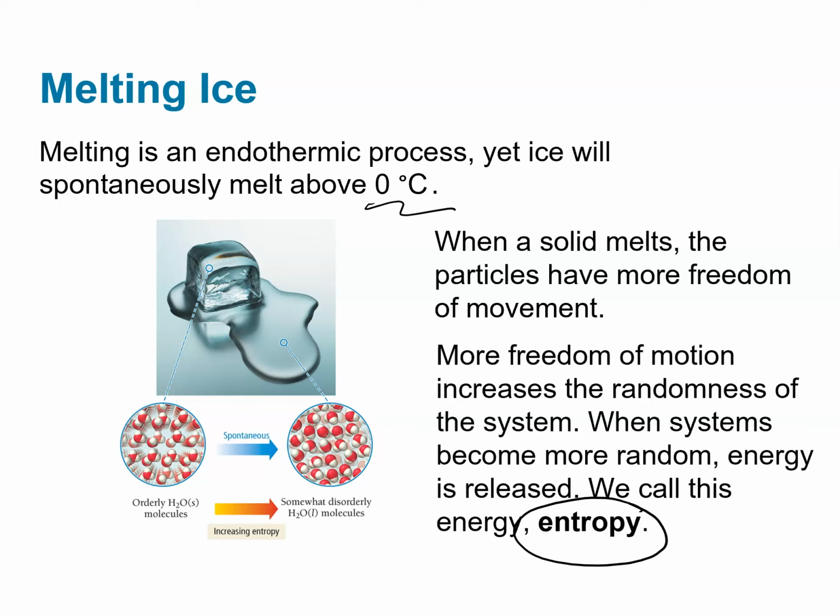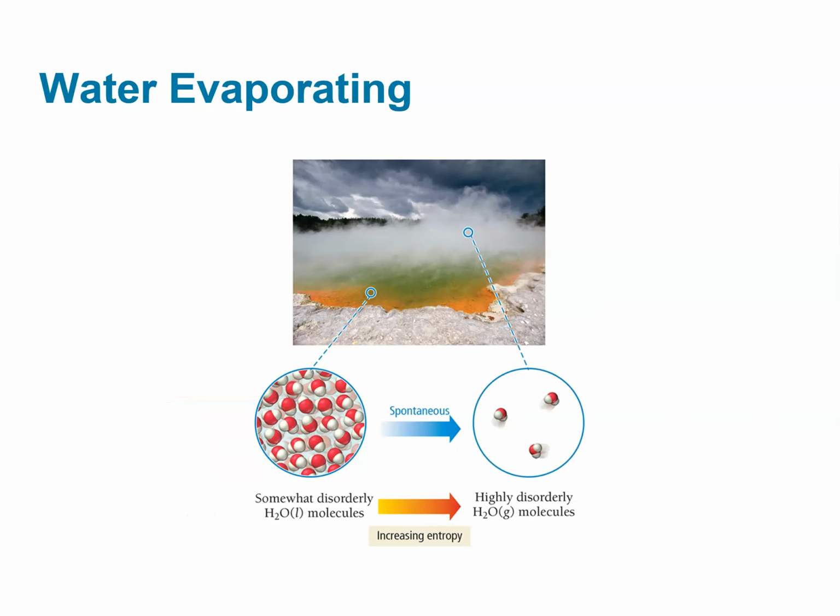So even though we're going to be talking about ice in this example, as you get comfortable with the concepts of entropy and you proceed through your science education, this is going to be astonishingly important in some of our later courses.